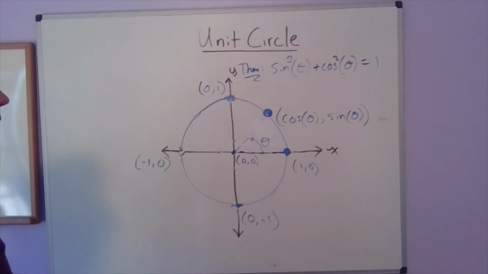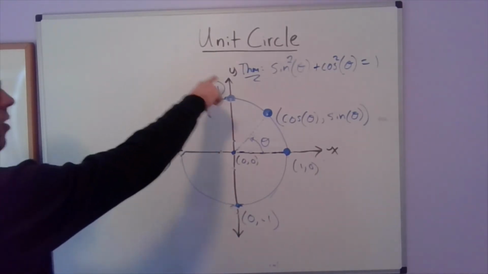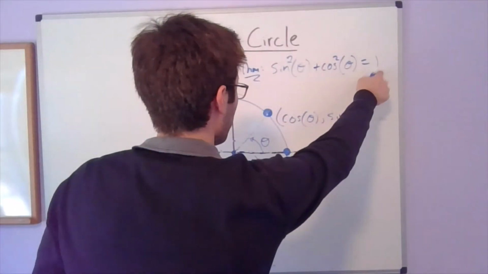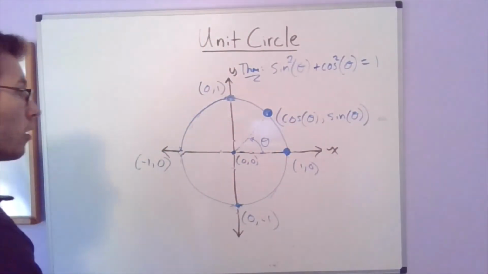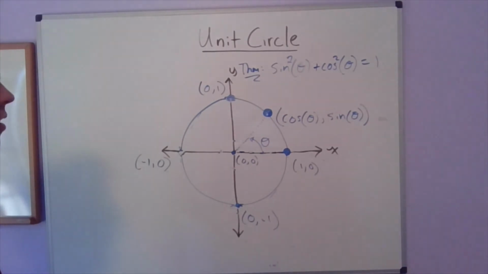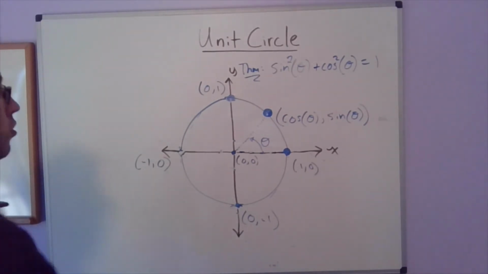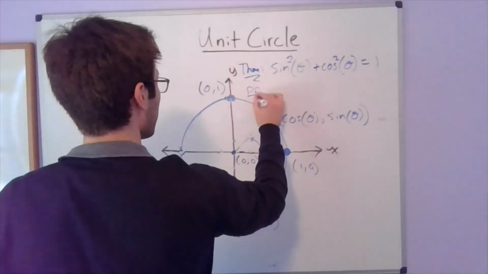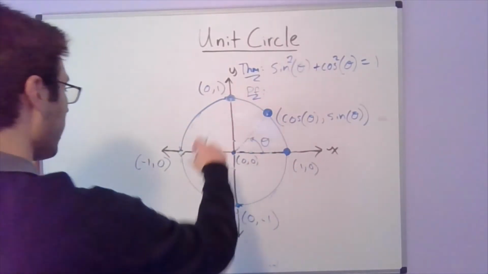Well, we're talking about the unit circle. You see unit right here, the unit 1. The unit circle has a radius of 1. So if we were going to write a proof for this concept, we have everything we need right down here.